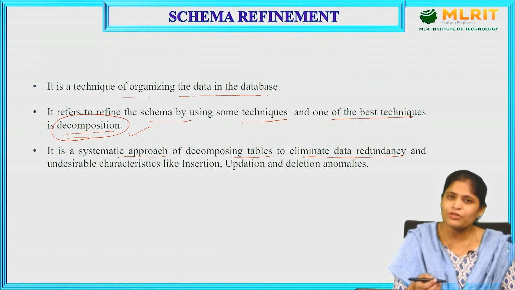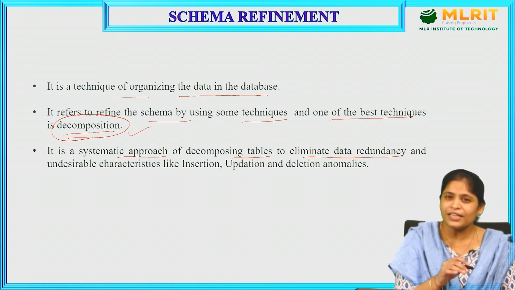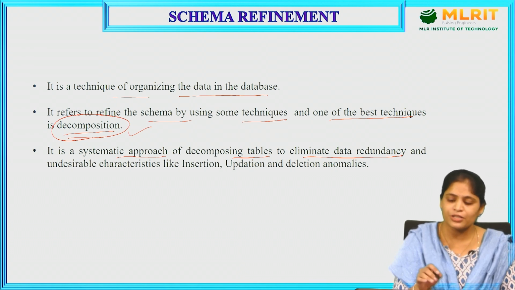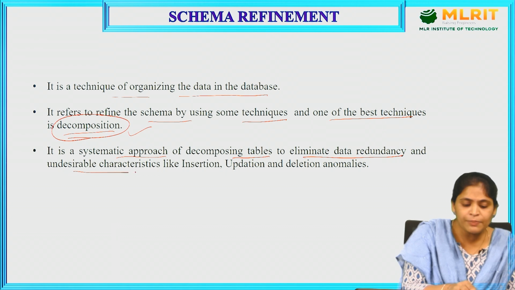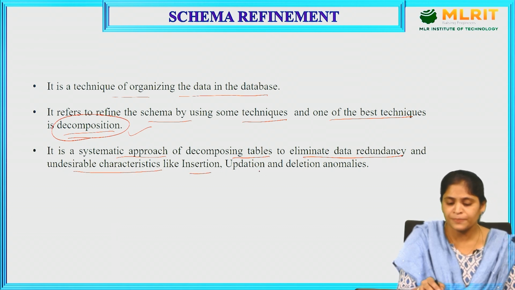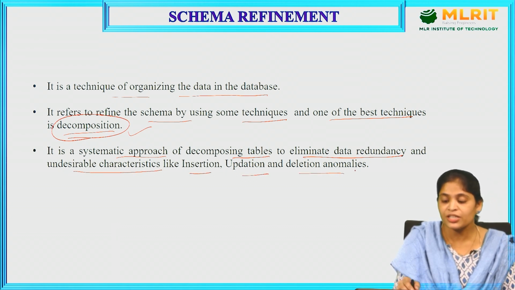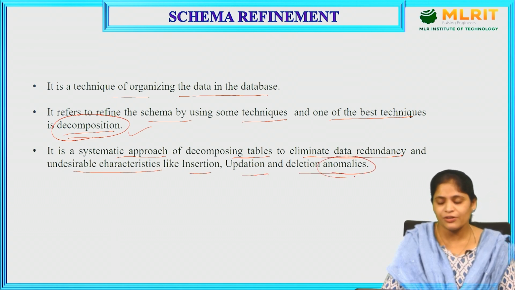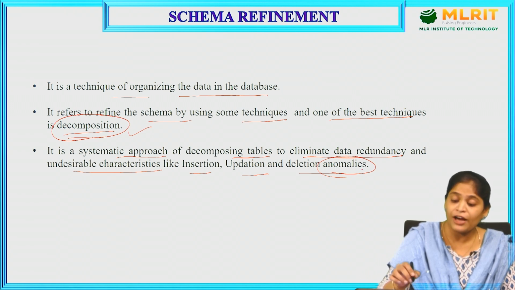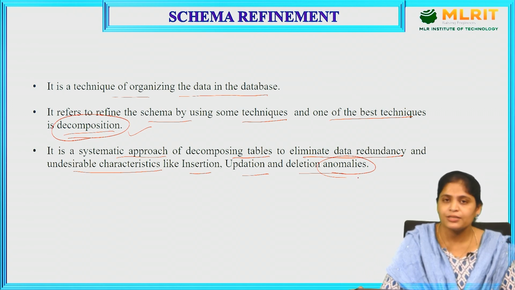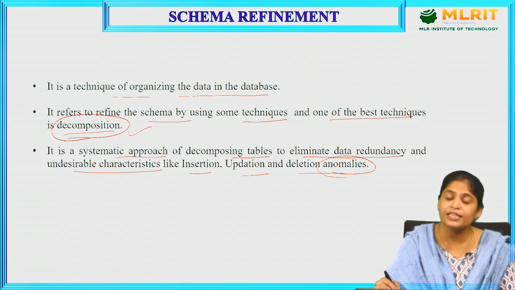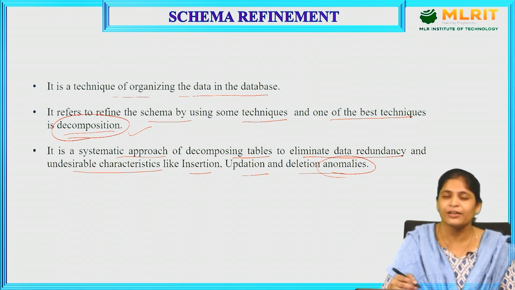What is the purpose of removing redundancy? To maintain the database in a consistent manner, and to avoid undesirable characteristics like insertion, updation and deletion anomalies. So here we have to know about anomalies. Anomaly is nothing but a problem caused to the database while inserting, updating or deleting the data.